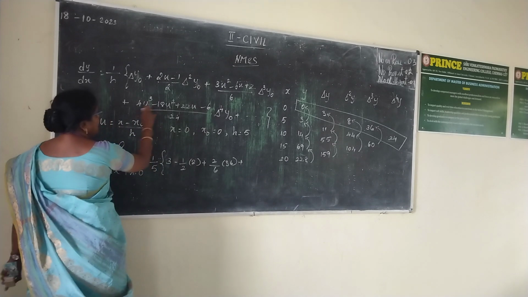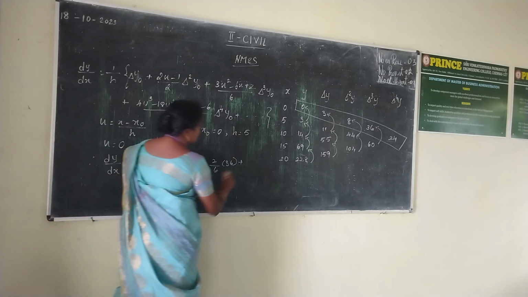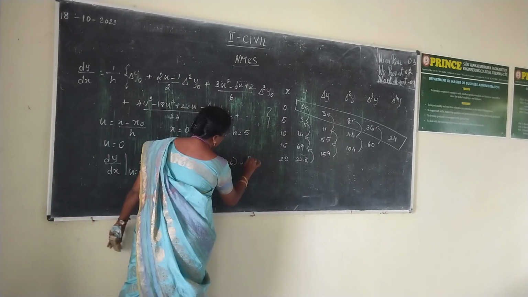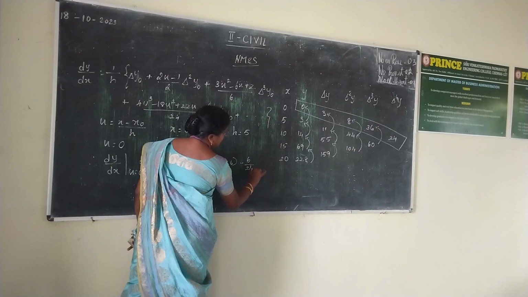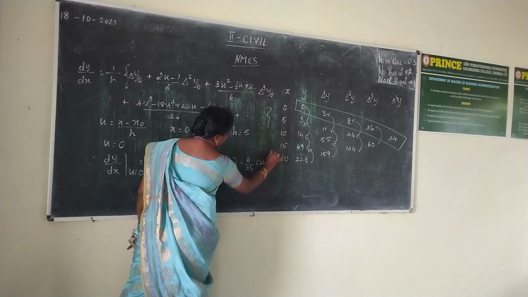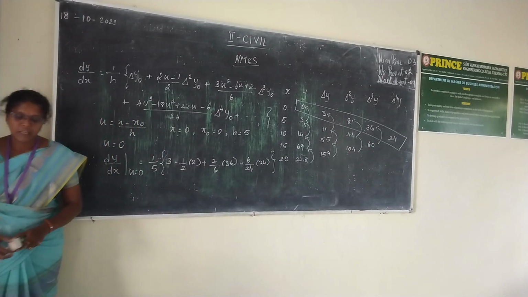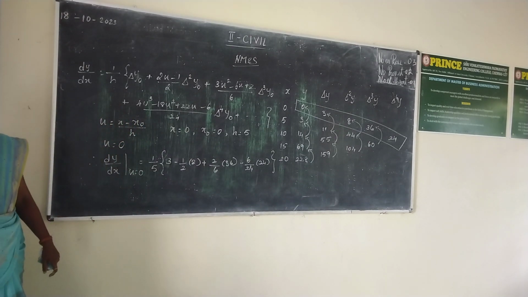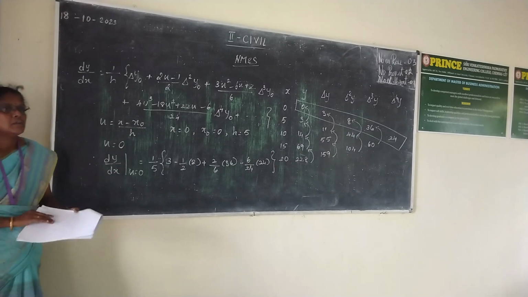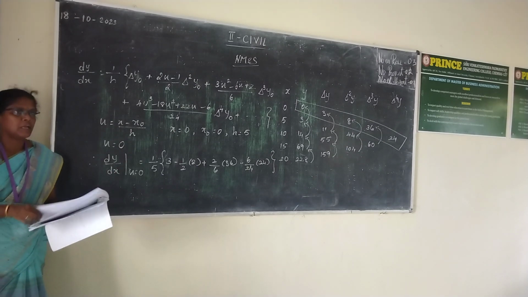Plus, again u square vanishes, you get minus 6. So minus 6 by 24, the del power 4 value is 24. Find the answer. Any doubt? You are substituting u equal to 0 everywhere.